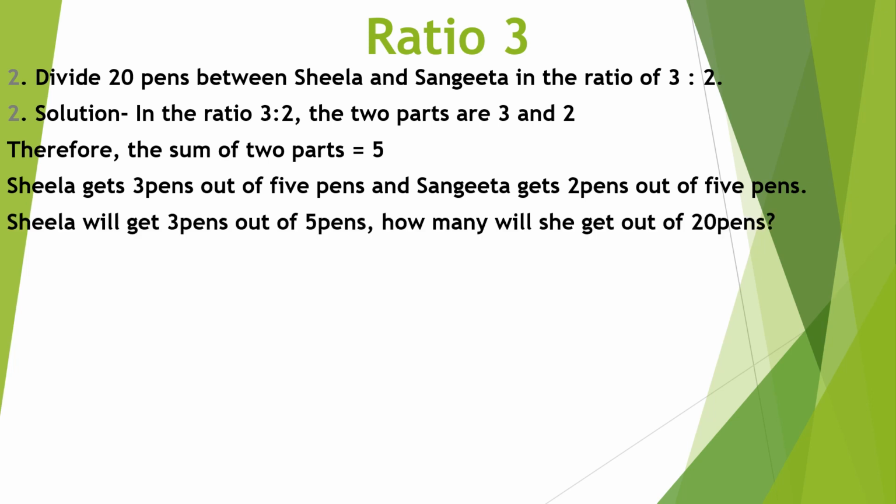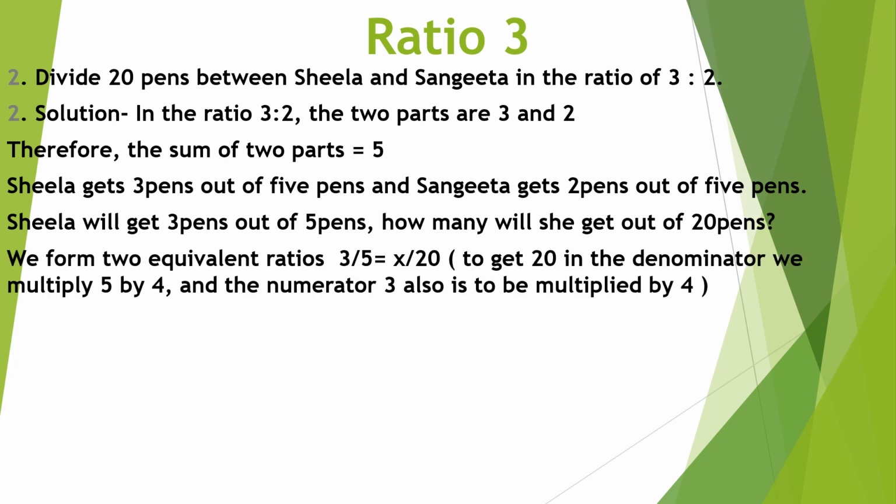Now, Sheila will get 3 pens out of 5 pens. We have to find out how many pens will she get out of 20 pens. We form equivalent ratios. 3 by 5 is equal to x upon 20.